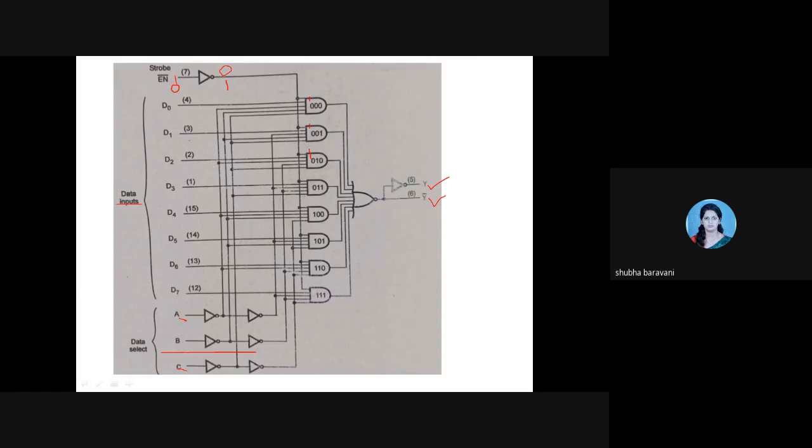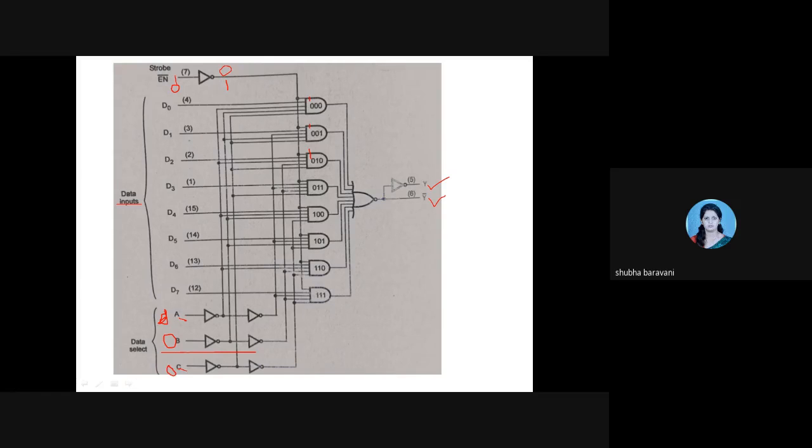Now when A, B and C are 0, 0, 0, this is 0, this is 0 and this is 0. A, B and C, all three are 0.